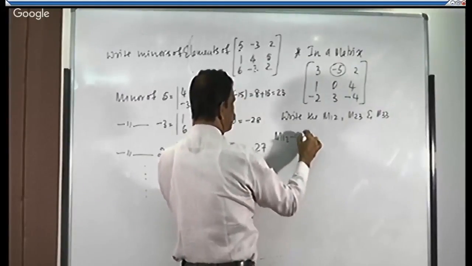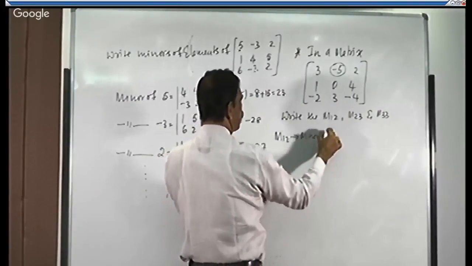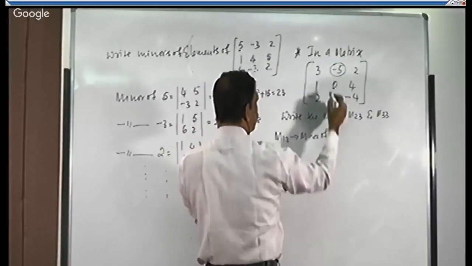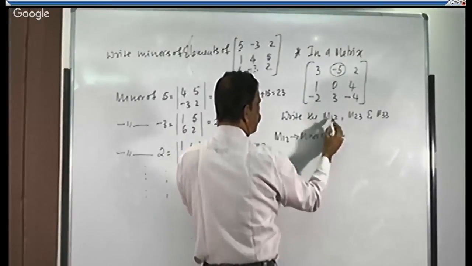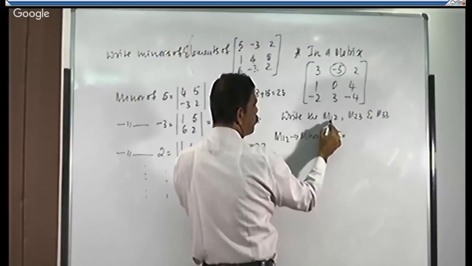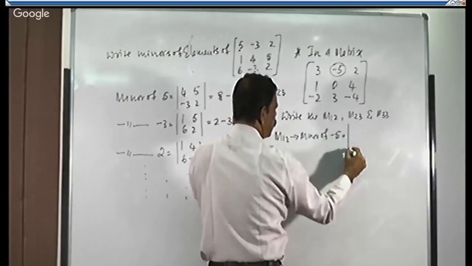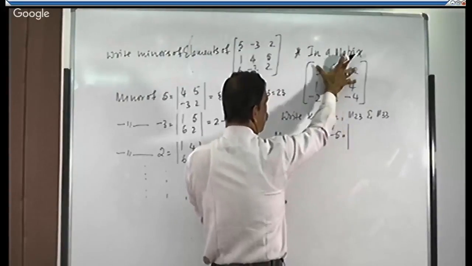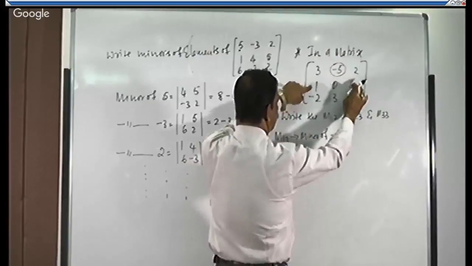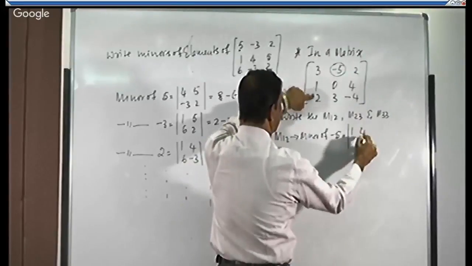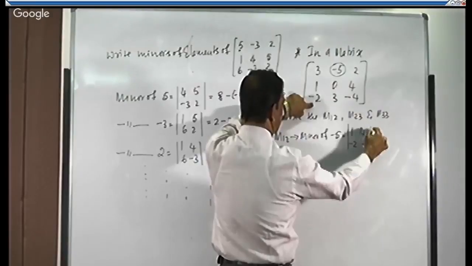M12 is minor of minus 5. That is the element which lies in first row, second column. Leave the corresponding column and corresponding row of that particular element. Remaining elements are 1, 4, minus 2, minus 4.